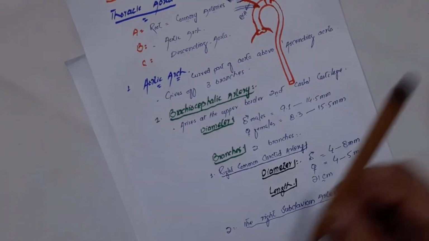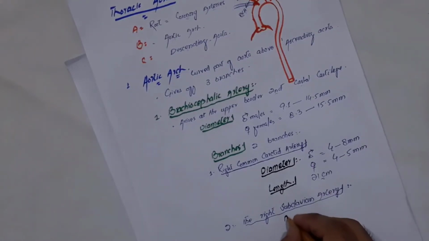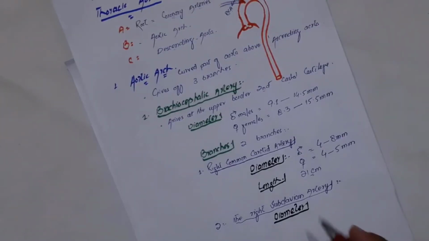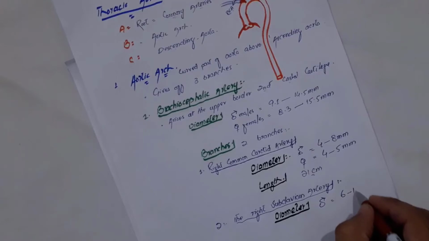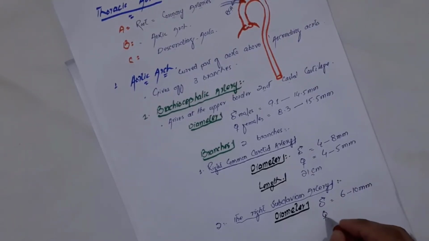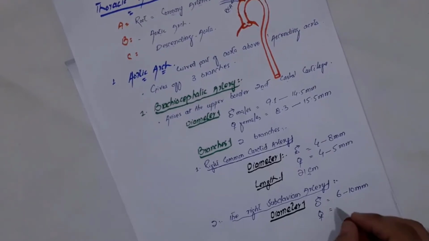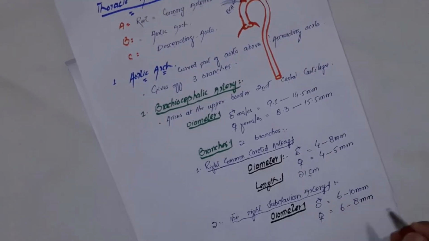Okay. What is the diameter of this right subclavian artery? The diameter of the right subclavian artery in case of males is 6 to 10 millimeter, and in case of females its diameter is about 6 to 8 millimeter.